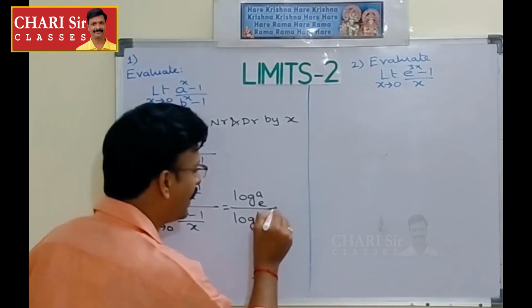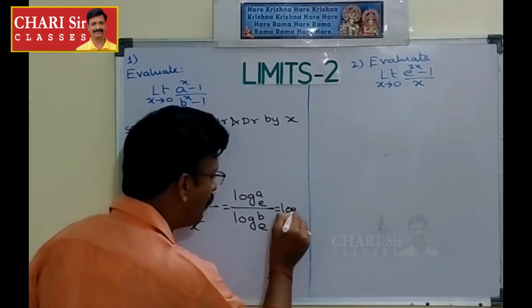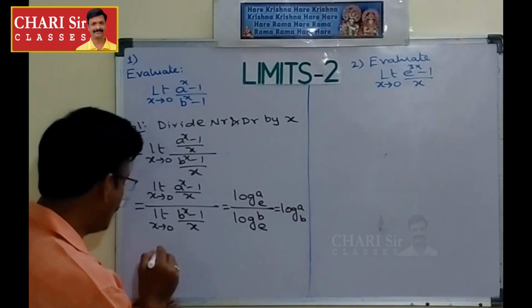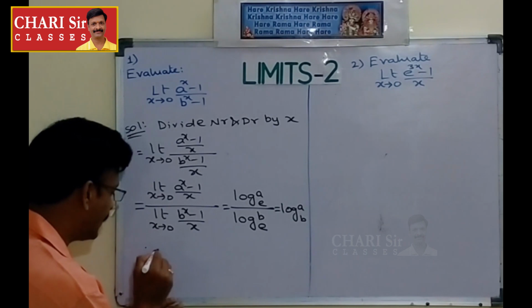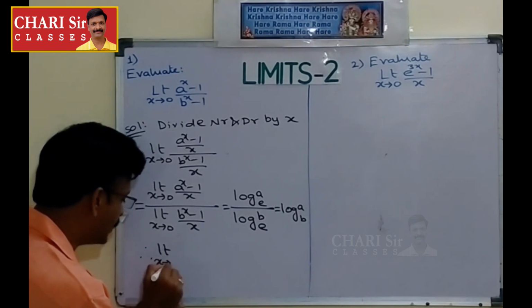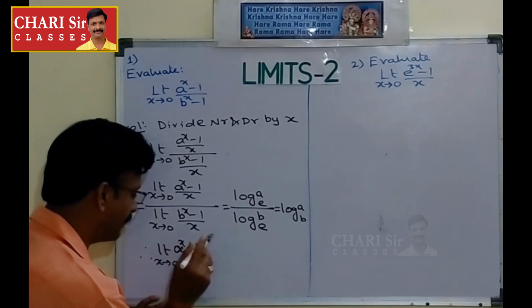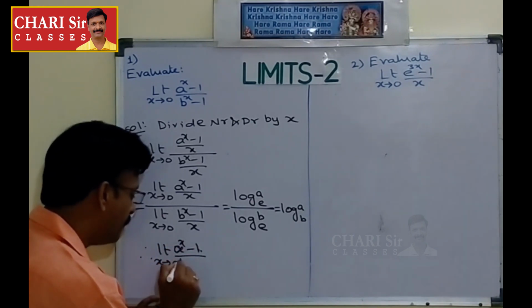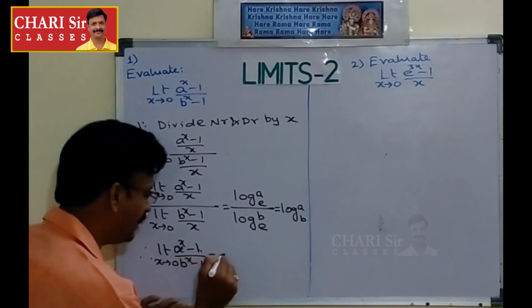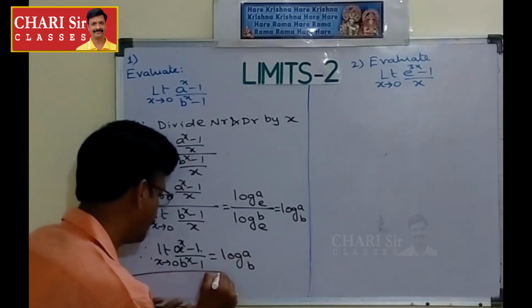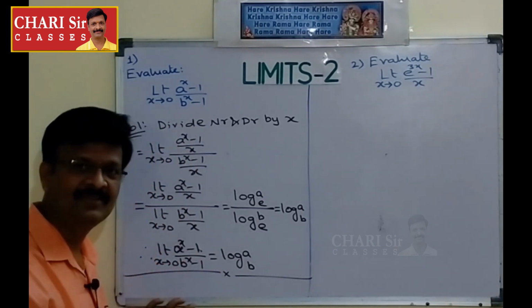And you can also write this as log a to the base b. Finally, how will you write the answer? Your answer is limit x tends to 0 (a to the power of x minus 1) by (b to the power of x minus 1) equal to log a to the base b. That's it. That is your limit value.